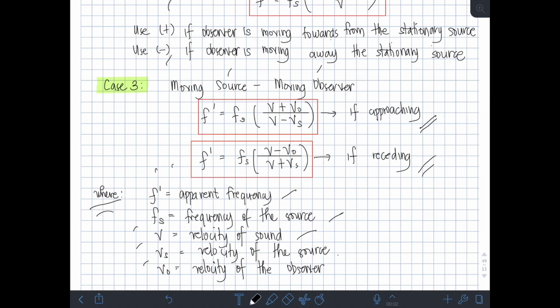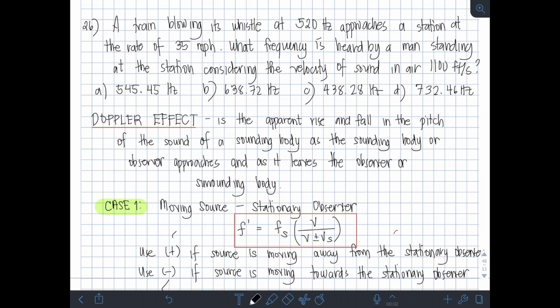Okay, so, base dito sa ating problem, ano yung gagamitin nating case dito? Kasi meron daw tayong source na nagbo-blow ng whistle with a frequency na 520 Hz. Tapos nag-a-approach siya sa isang station at the rate of 35 miles per hour. So, ibig sabihin, meron tayong moving source toward a stationary observer. Right?